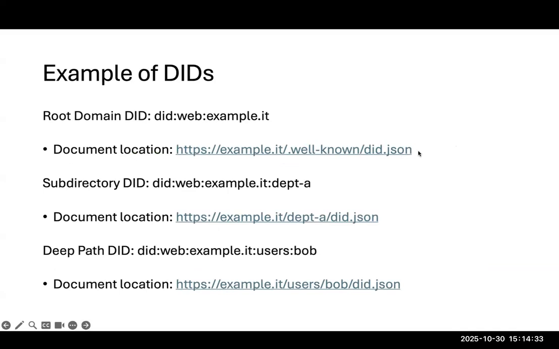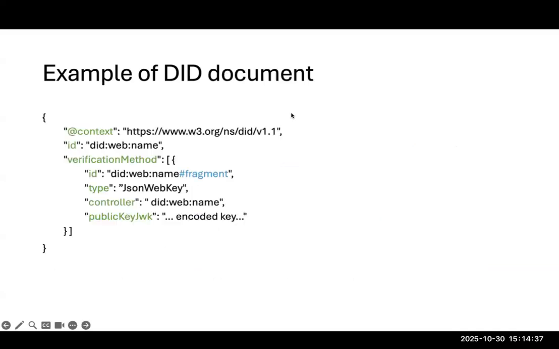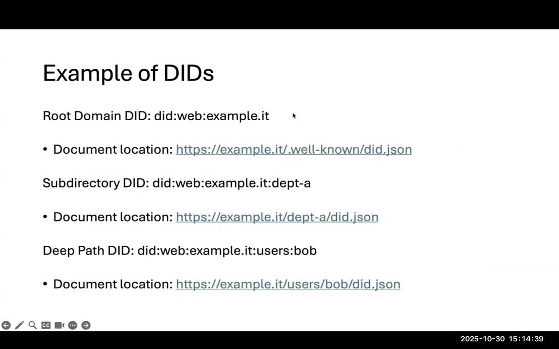If we go back to the example, we need to parse the DID into a URL. So we replace colon with slash, we prepend HTTPS colon slash slash.